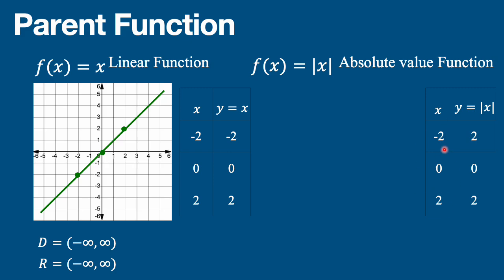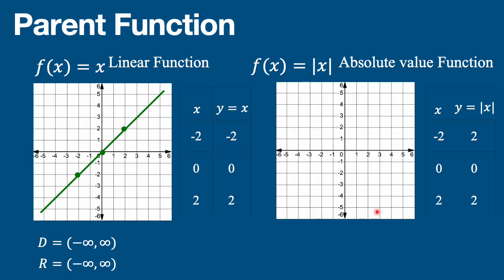Find the y value. Absolute value of -2 is going to be 2. Absolute value of 0 is 0, and of 2 is 2. So we're going to sketch on the coordinate plane. Plot (-2, 2), (0, 0), (2, 2). You plot it, connect the dots, and then you have a V-shaped function. So we call this the absolute value function.